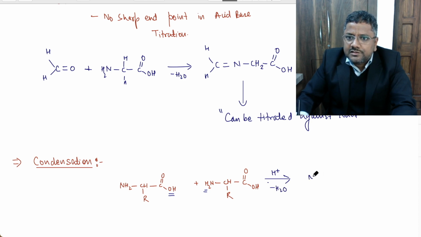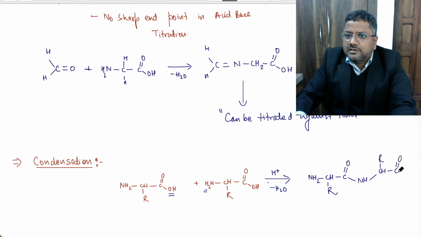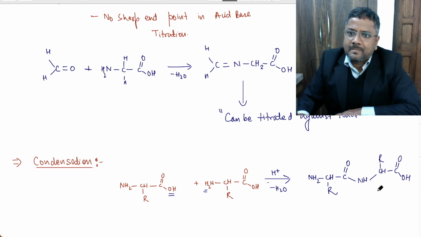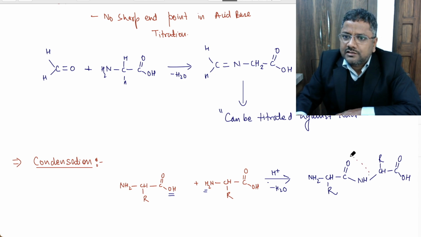So we will get NH2 CHR CO NH CHR COOH, right? So this is the amide functional group.